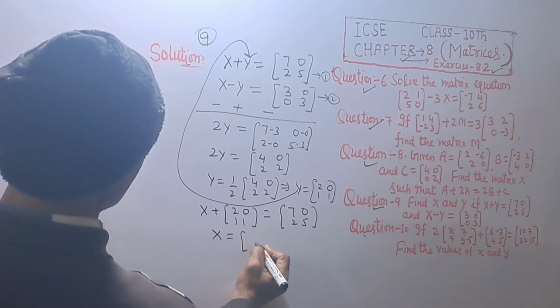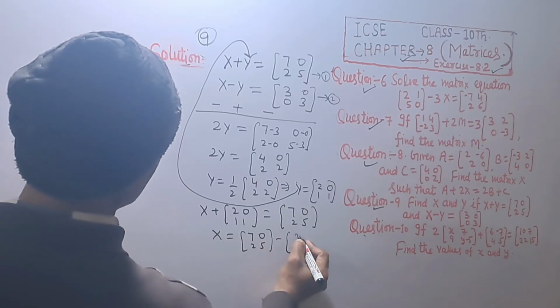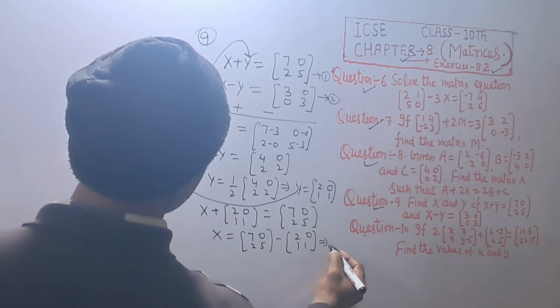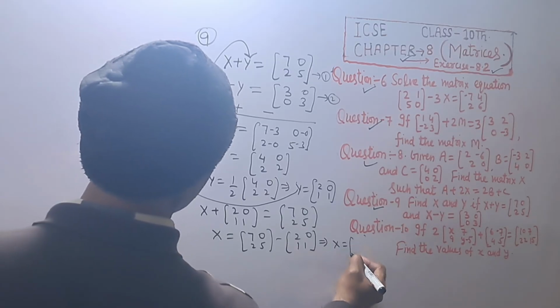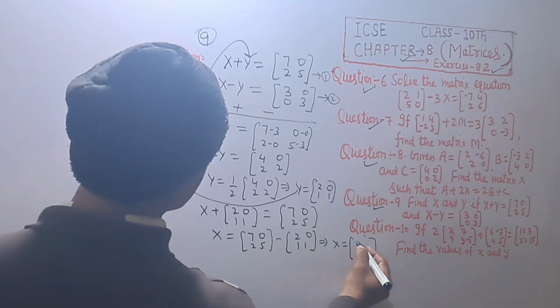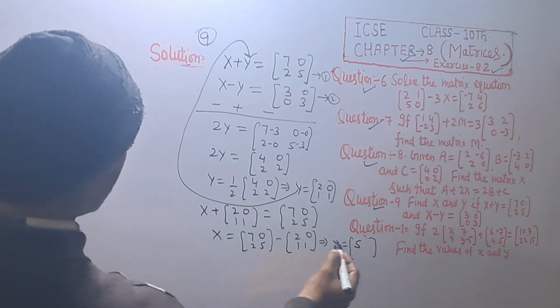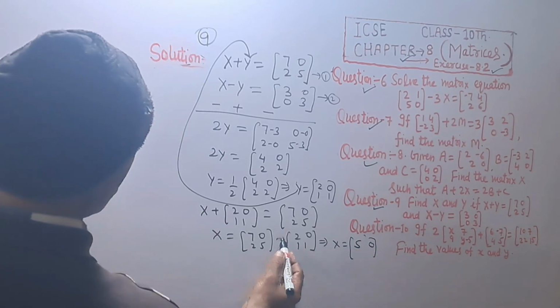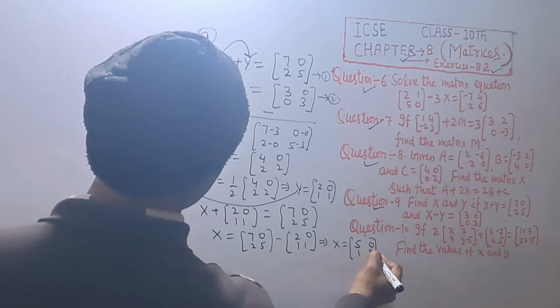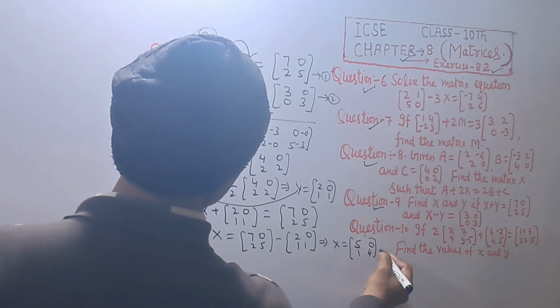So x is equal to [7, 0, 2, 5] minus [2, 0, 1, 1], which implies x equal to 7 minus 2, that is equal to 5. 0 minus 0 is 0. 2 minus 1 is equal to 1. 5 minus 1 is equal to 4.